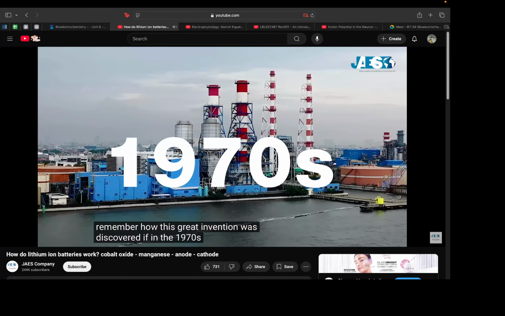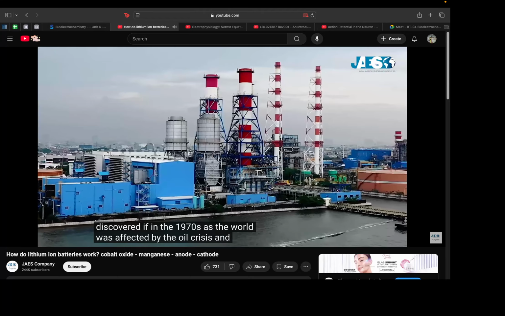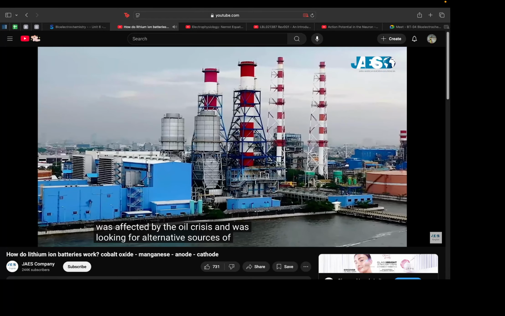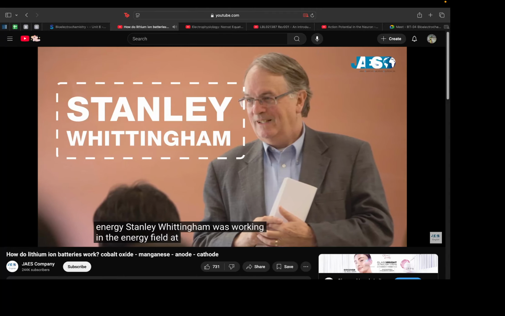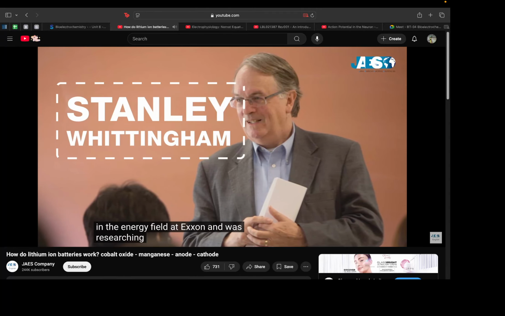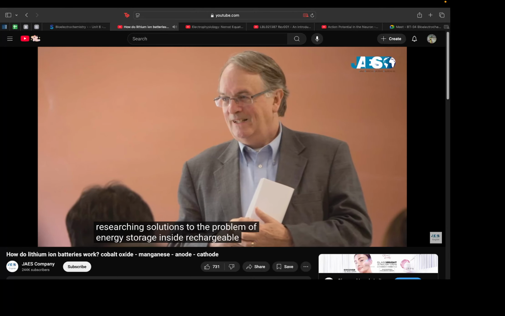In the 1970s, as the world was affected by the oil crisis and was looking for alternative sources of energy, Stanley Whittingham was working in the energy field at Exxon and was researching solutions to the problem of energy storage inside rechargeable batteries.